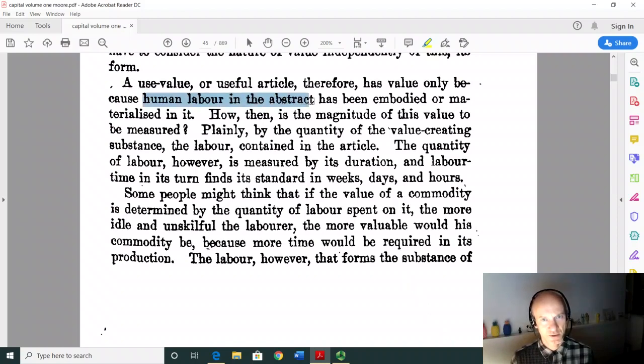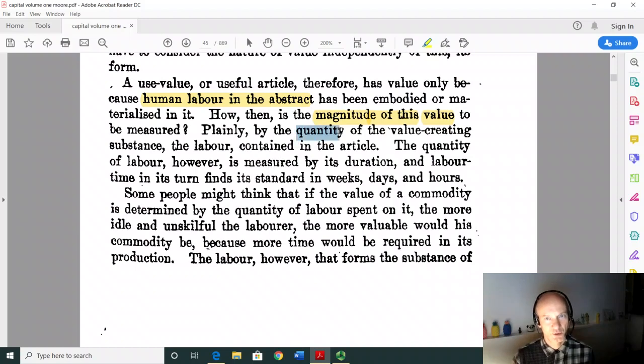So again, you can see he does repeat these points with slight variations. How then is the magnitude of this value to be measured? You might remember at the beginning he was saying he would be talking about what is the essence of value and what is the magnitude, the quantity of the value. Plainly, by the quantity of the value-creating substance, the labor contained in the article.